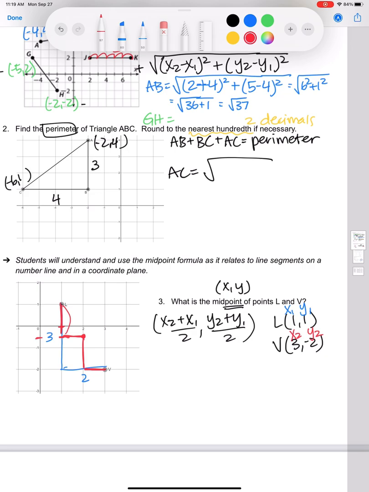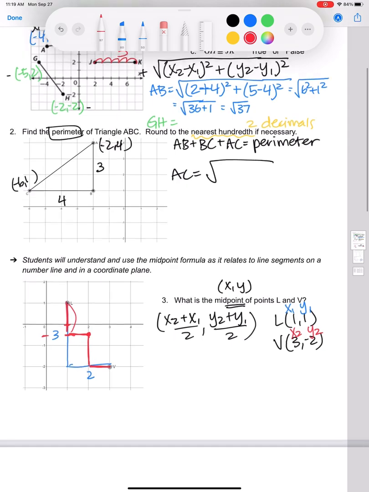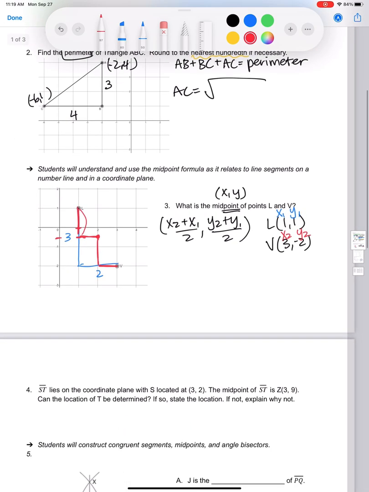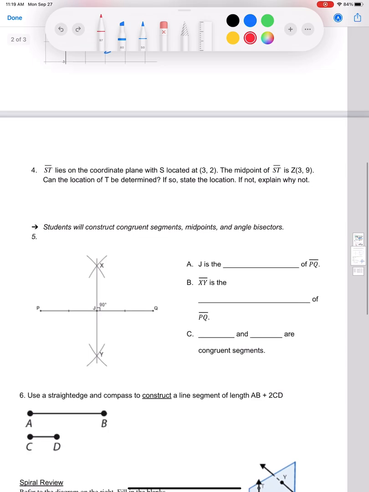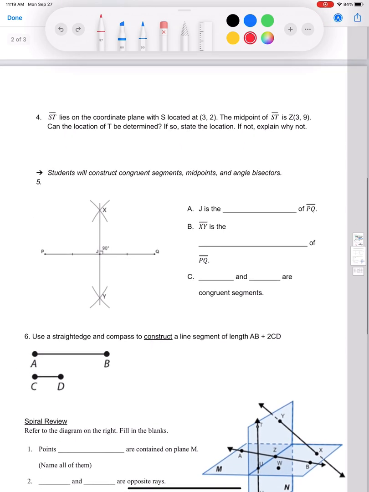I can see that the distance between the midpoint, both vertically and horizontally, is the same when looking at L and V. All right, a couple more problems left of this assessment.